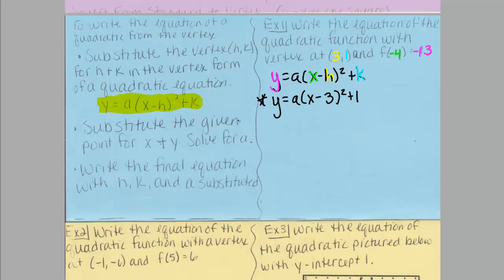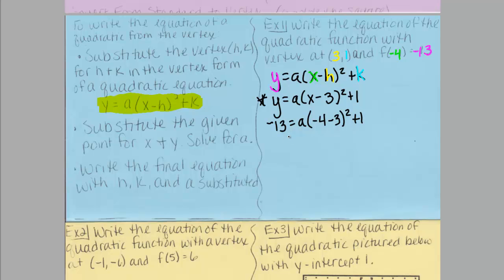Now we are going to plug in our x and our y. Our y is pink and our pink number is -13. Replace our x with our numbers. Our x is green and -4 is green.